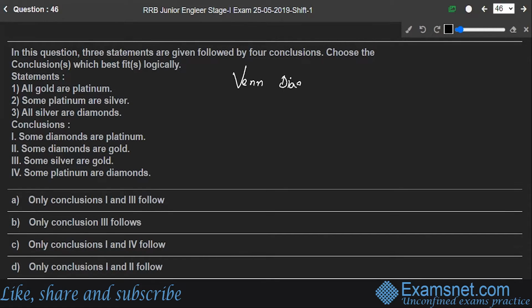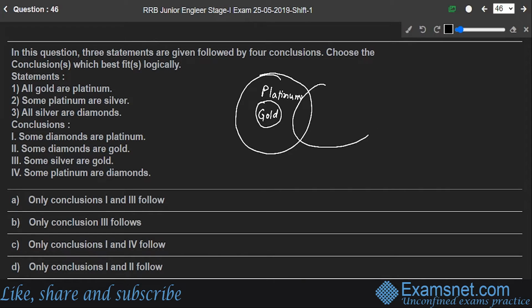Let's make the Venn diagrams using the statements given to us. First one, all gold are platinum. So this is your gold. You're given that all gold are platinum. Some platinum are silver.